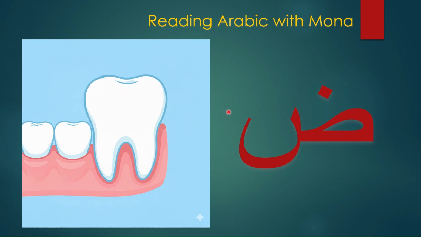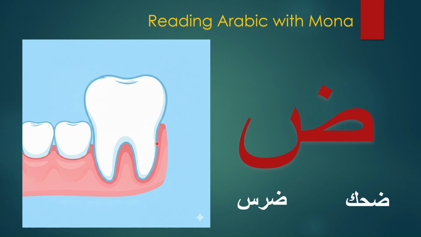But what about the dot? Now the dot, that would be the tooth mite that you should stay away from. So the letter Dhaad is linked to two words, ضحك, and when you laugh out loud, your inner teeth will appear, and then we can see one of these teeth, and it is called ضرس.